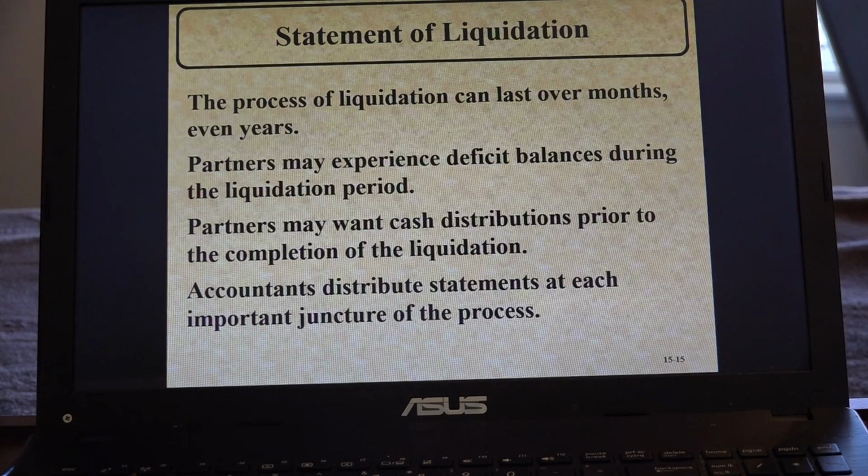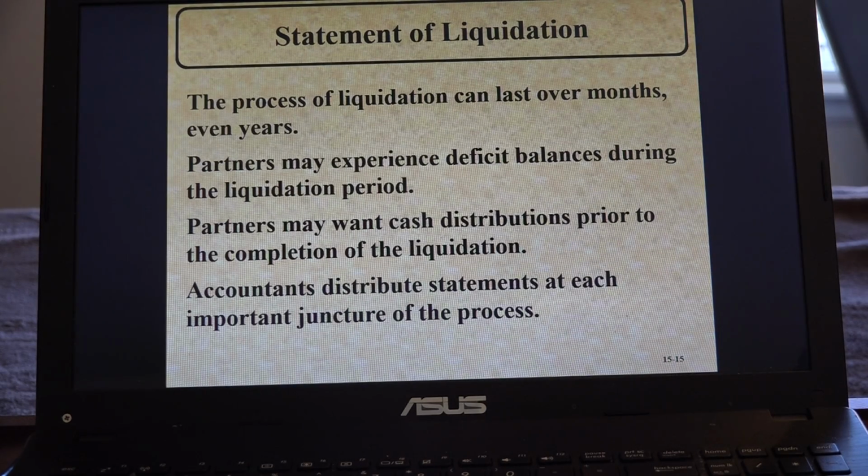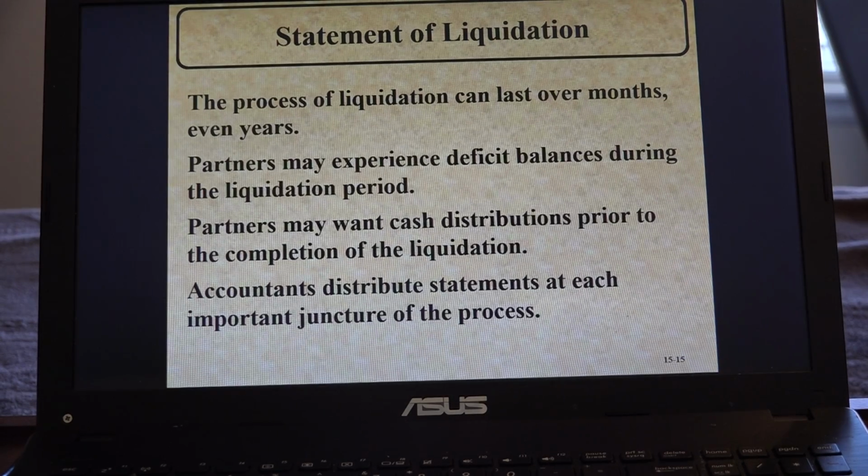Now, the partners may experience deficit balances during the liquidation period, and the partners may want a cash distribution, like I had indicated before, prior to the completion of the liquidation. And so, again, that boils down to the accountant trying to figure out the amount of safe payments that can be made to the partners.